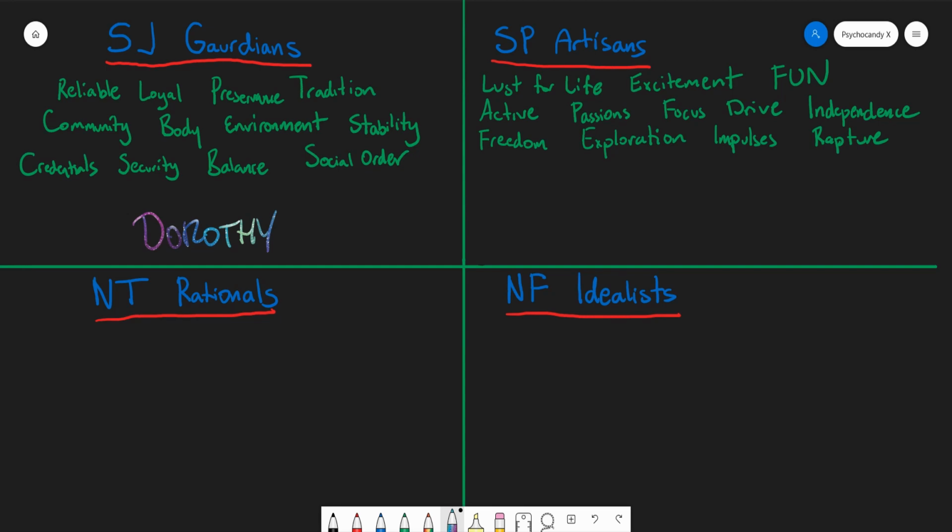As far as the Wizard of Oz, the character that most correlates to the SPs would be the character of the lion, because the lion is the character that is seeking courage, right?